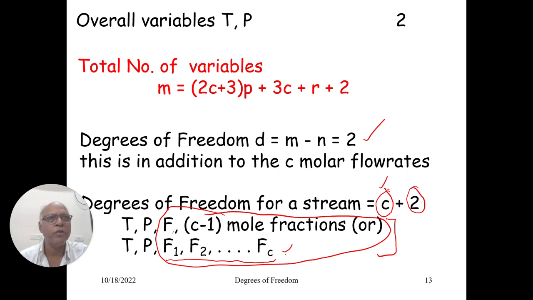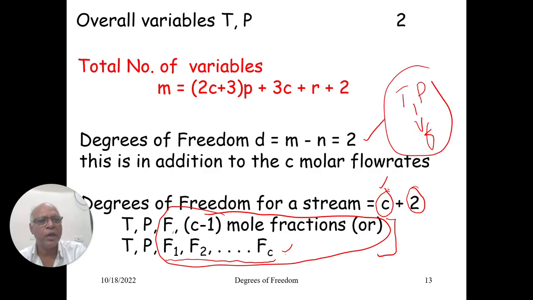Remember one important fact, whenever you want to define a stream completely, you need to address at least C variables such that you will be able to identify the total initial masses of each and every component. In addition to that, you are at liberty to choose any two variables out of temperature, pressure and vapor fraction.